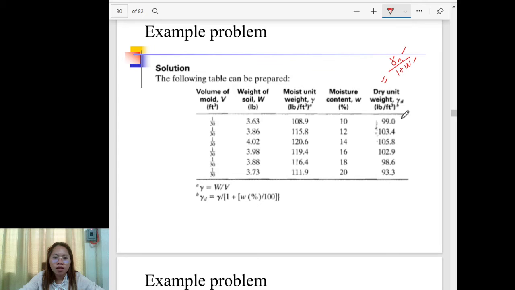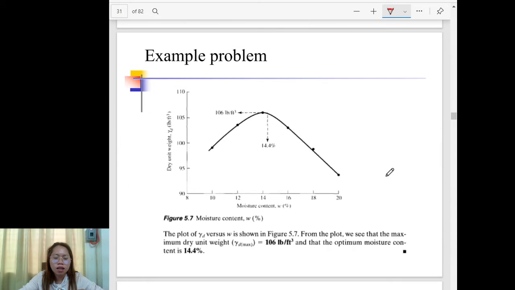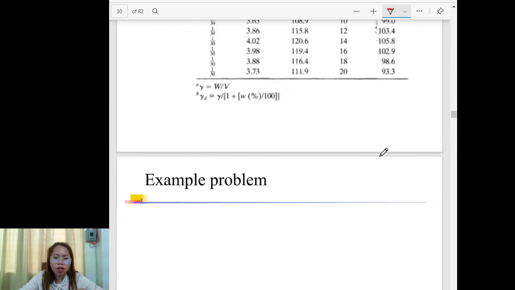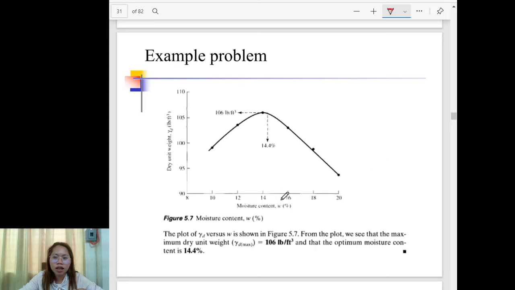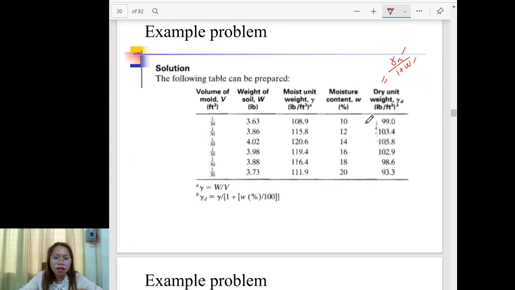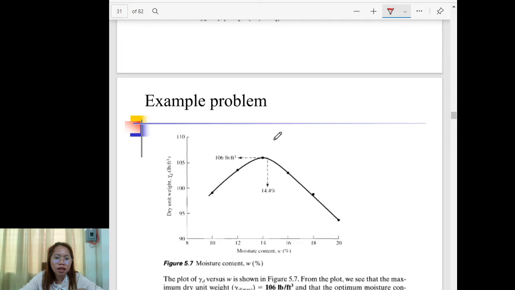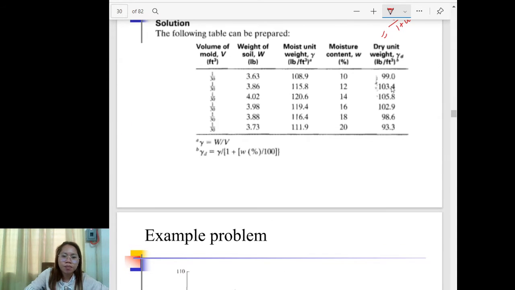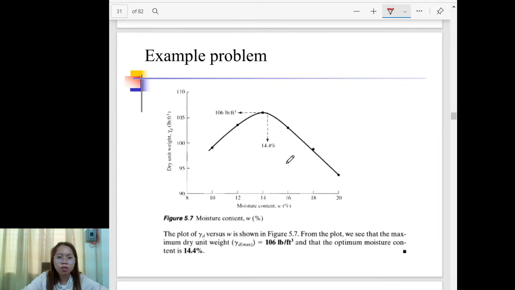From here, we can draw the curve of moisture content versus the dry unit weight. For example, at moisture content 10, the dry unit weight is 99. This is for the x-axis and this is for the y-axis. So on and so forth until you can create this curve, the dry density curve.